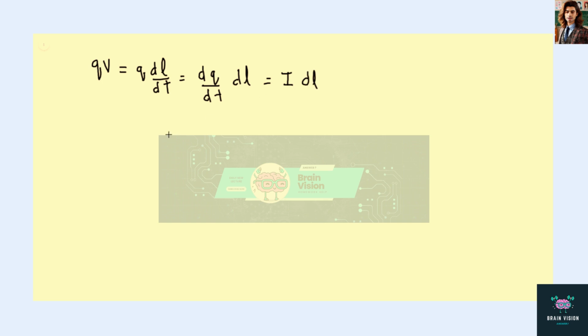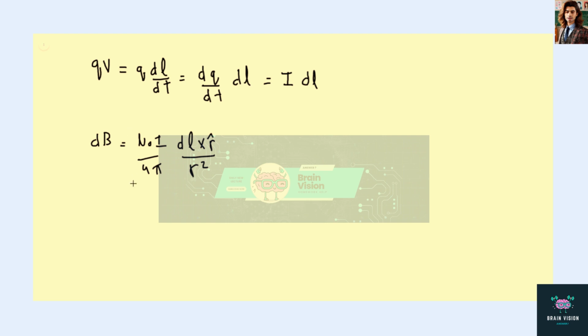And so now they tell us to use the Biot-Savart law here. That tells us that dB is mu naught I over 4 pi, times dl cross r hat, a unit vector in the r direction, over r squared.